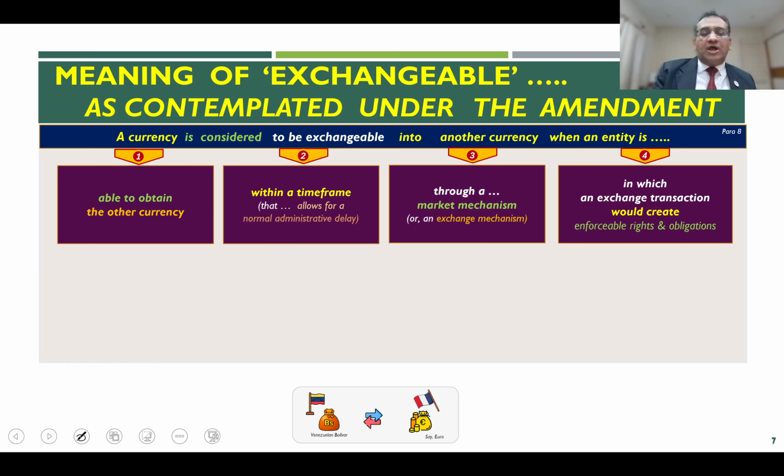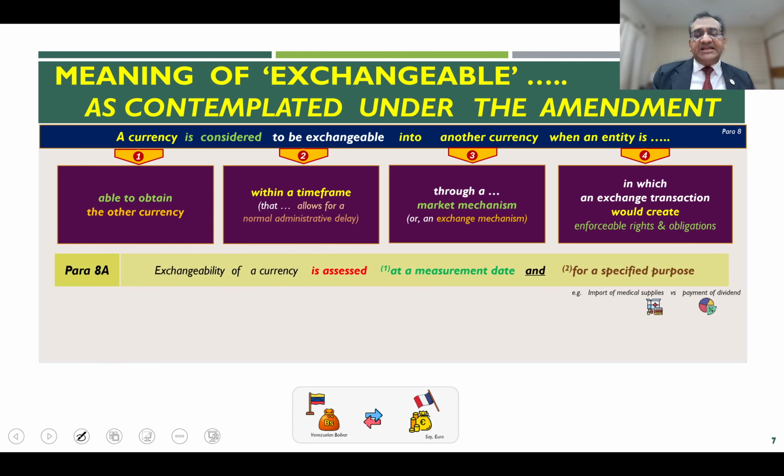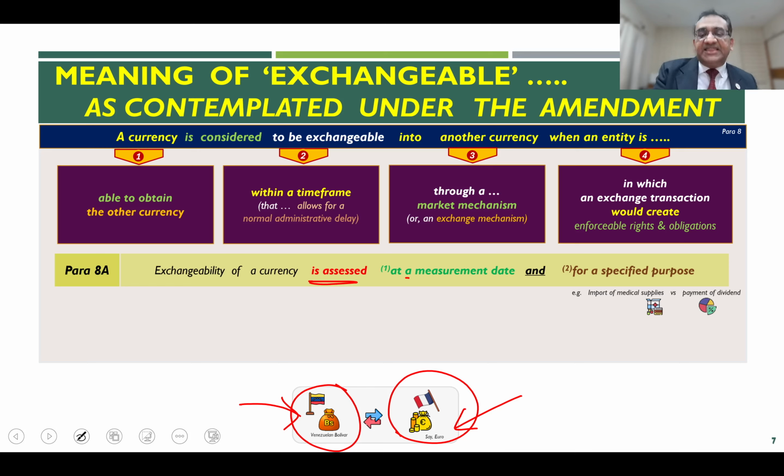Apart from that, we should also look at paragraph 8A and 8B. Paragraph 8A deals with the exchangeability of a currency. For example, in the last session, the euro parent in Europe was trying to assess whether the euro is exchangeable into Bolivar, the Venezuelan currency. Exchangeability of a currency is assessed at the measurement date.